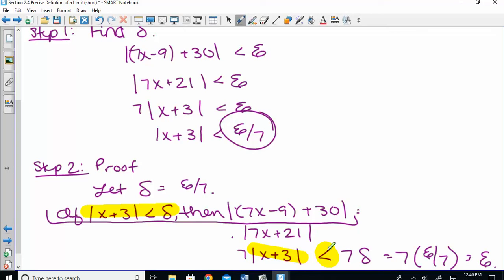I know this is true, right? Yeah. So that means 7 times the absolute value has to be less than 7 delta, if you multiplied each side by 7. That's what I did here. It had the 7. So I said, well, there's an absolute value of x plus 3, and I know that absolute value is smaller than delta. So this has to be less than 7 delta.